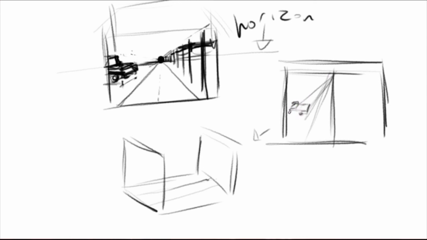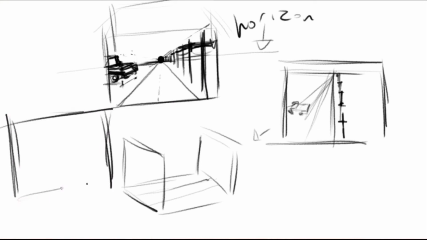Just working quickly and blocking stuff out. Okay? And the perspective of that is very different from the perspective of that. And at the same time, if you want to make something look like it's really low down, you do the opposite.